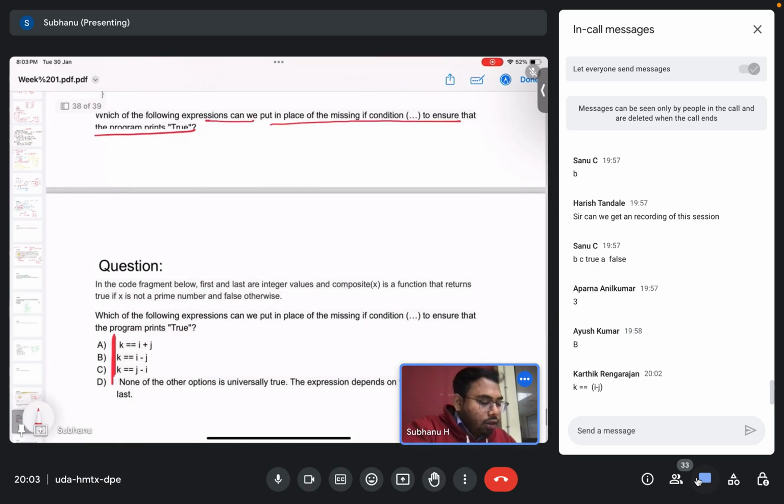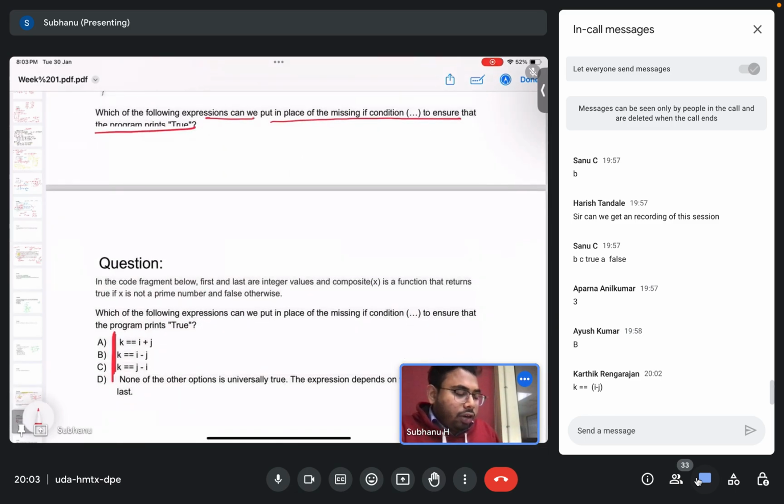So k is matched against an increase in i or a decrease in j. Which one is increasing, or which one is decreasing? Either the i value will be greater or the j value will be greater.